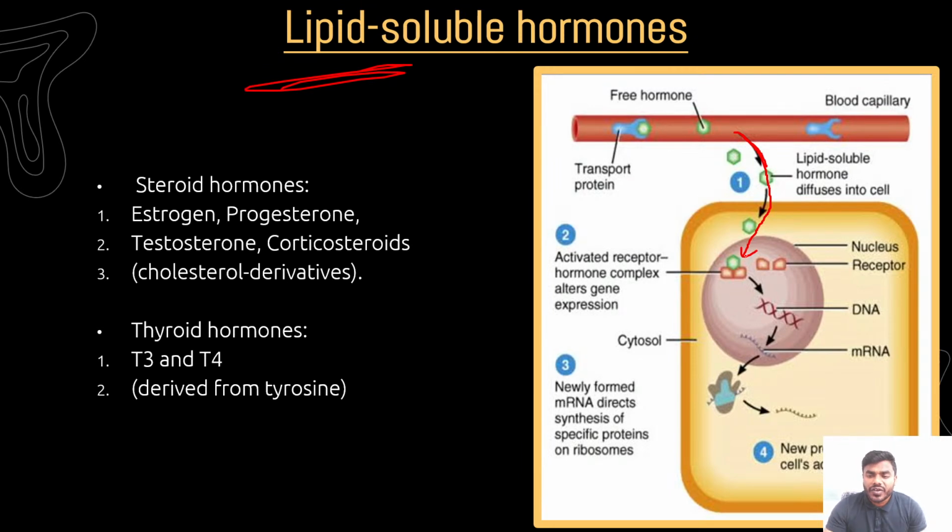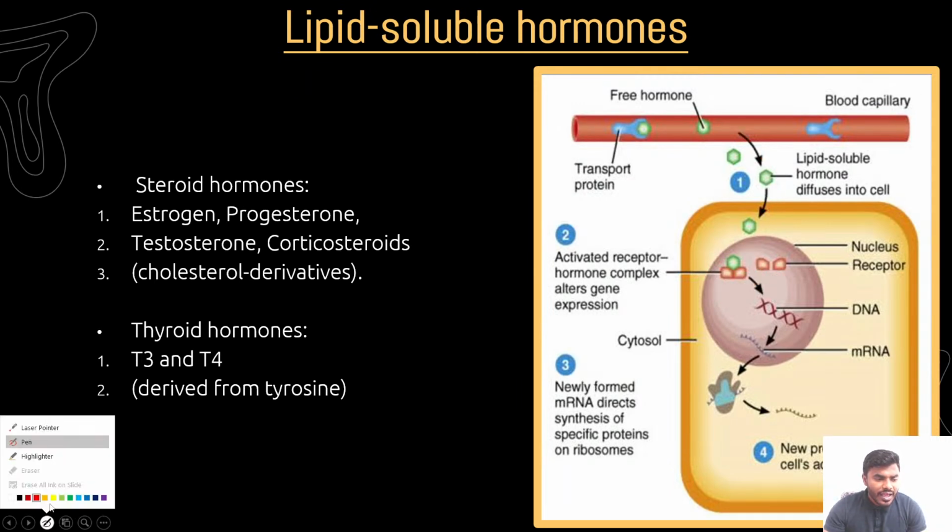What's the point, my friends? If the hormone brings about its action, it is compulsory, it is mandatory, it has to associate with its particular receptor. Do not get confused with that. Without associating to its receptor, it can't show its action.